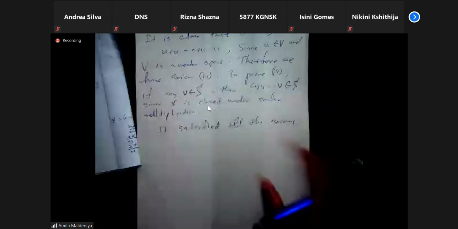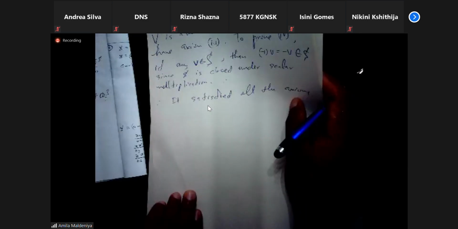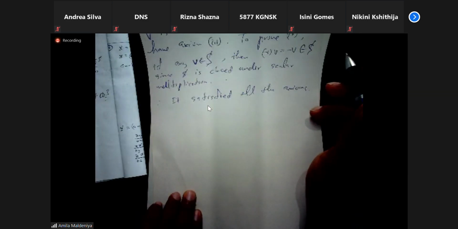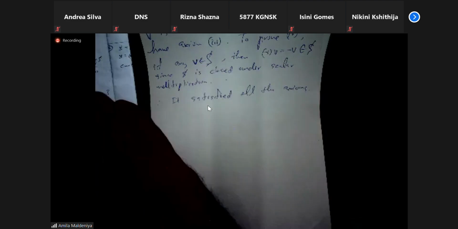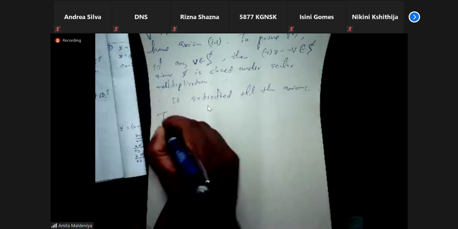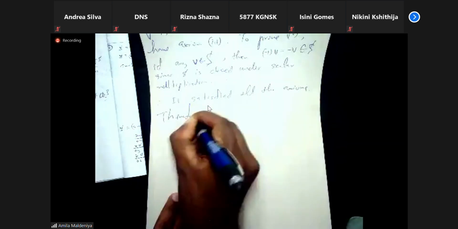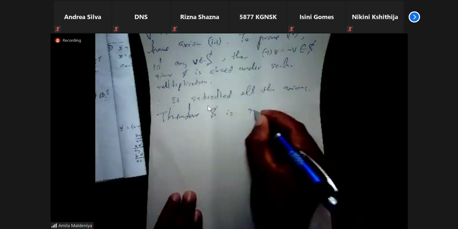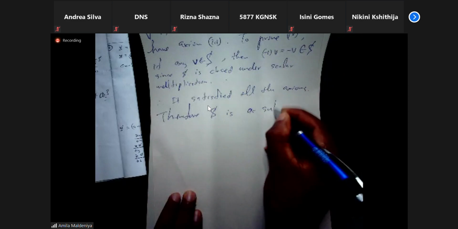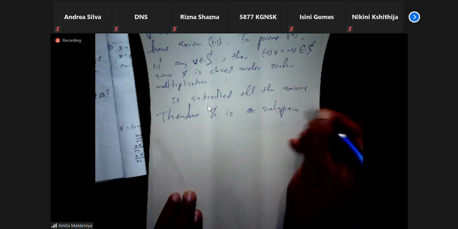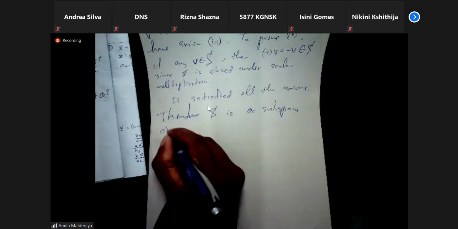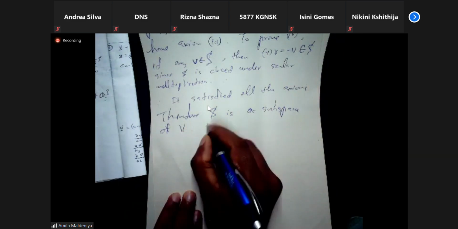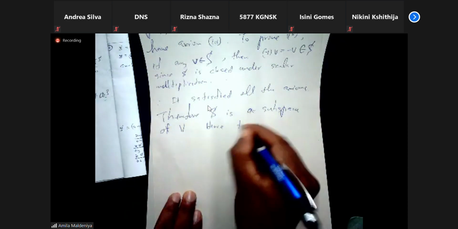So we have proved everything required, since S is closed under multiplication. Therefore S is a subspace of V, and hence the theorem.